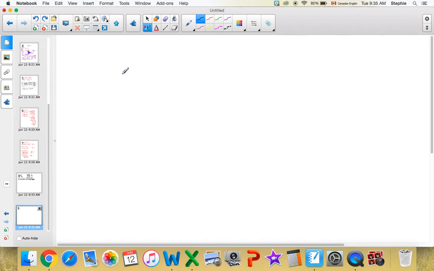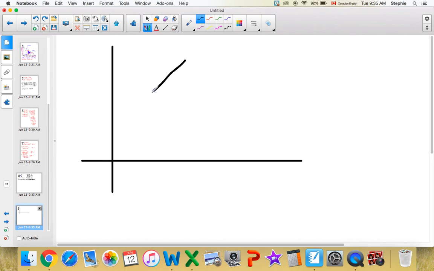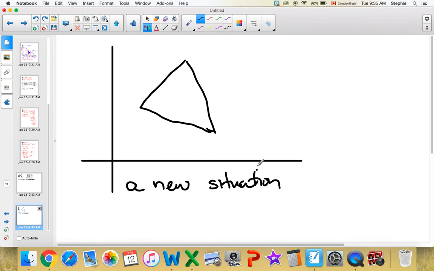The next type of question that they often ask is they already have a polygon. They have problems, like a big problem they have to do from beginning to end. And then once you've drawn your shape, let's say you've drawn some kind of shape like this, then they say something like, oh, a new situation arises which minimizes whatever they're talking about, and you have to draw in a new constraint.